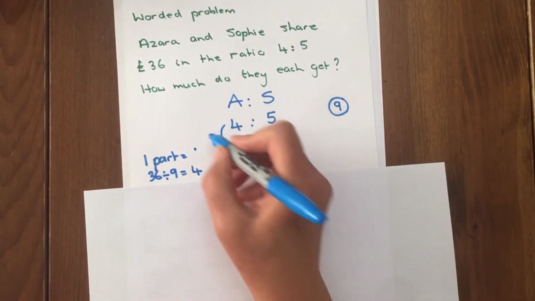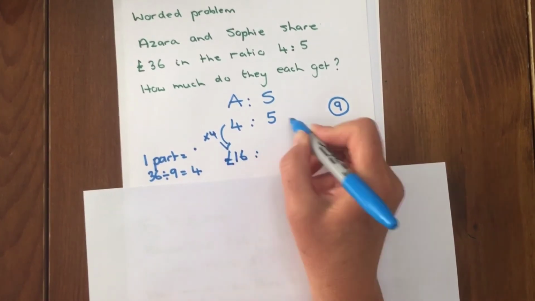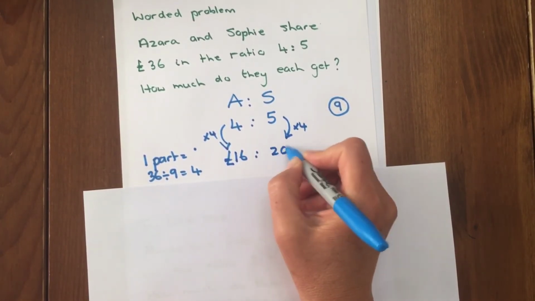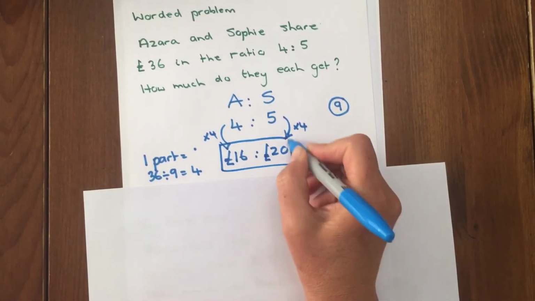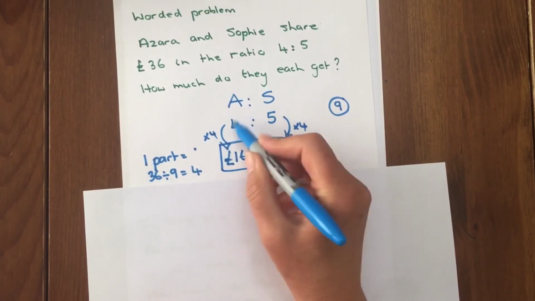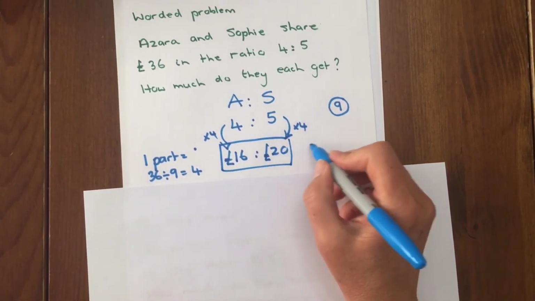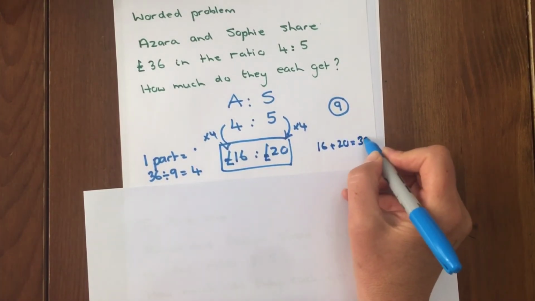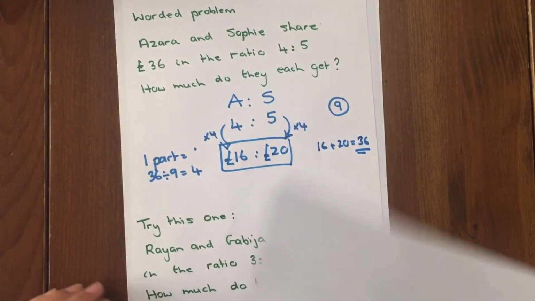Azara gets 4 shares, so 4 lots of 4 is 16. Sophie gets 5 shares, so she gets 5 lots of 4, which is 20. So you can see Azara, you're getting less money than Sophie. Is this correct? Add them up. Yeah, they total £36.